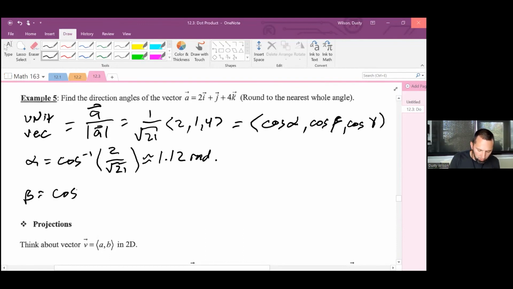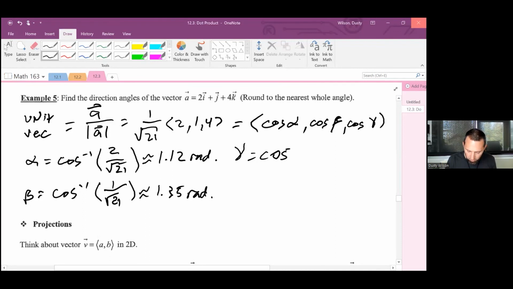Beta will equal the arc cosine of 1 over square root 21, which is approximately 1.35 radians. And gamma is equal to the arc cosine of 4 over root 21, or 0.51 radians.